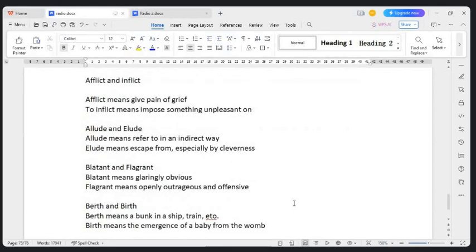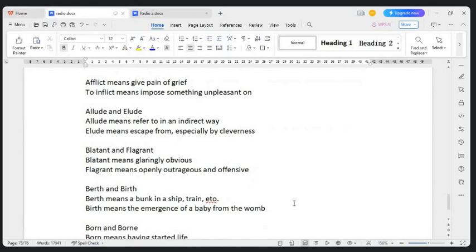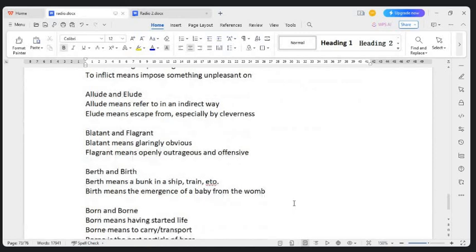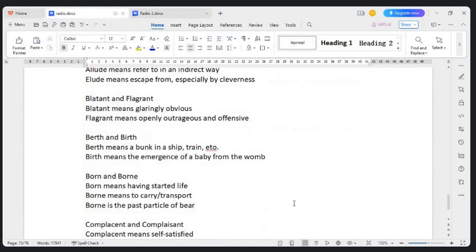BERTH means a bunk in a ship, train, etc. But BIRTH means the emergence of a baby from the womb. Okay, born and borne. Born means having started life. Borne means to carry, transport. Borne is the past participle of bear.